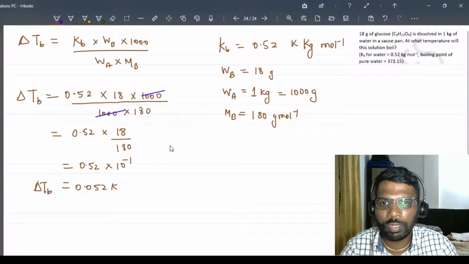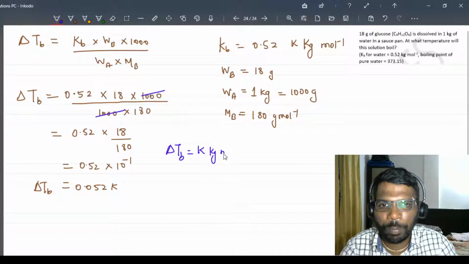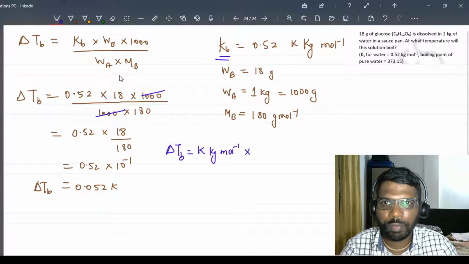Units of this delta TB. KB was Kelvin kilogram per mole. This was the unit of KB, right? WB is in grams, right? 1000 doesn't have a unit. Now, what was the unit of this?